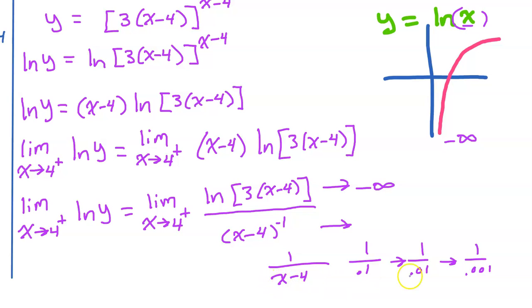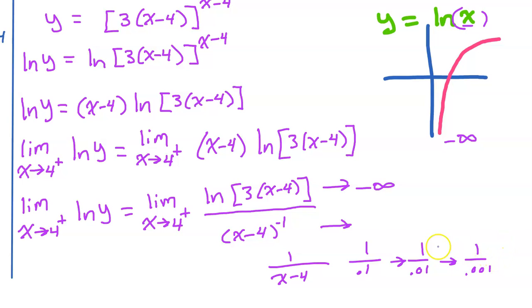From the right, the denominator will be getting smaller and smaller, like 0.1, 0.01, 0.001, 0.00000001. If you take 1 and you divide it by a teeny tiny number, it gets bigger and bigger.